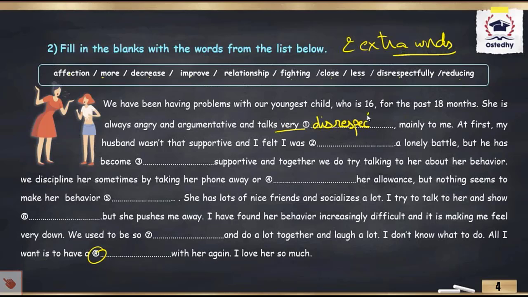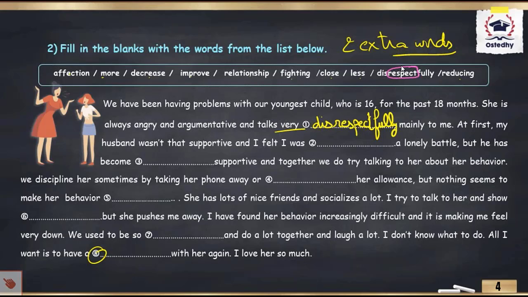What can you identify in this word? It's an adverb, from the word respect. We all know the meaning of respect. The noun is respect, respectful is the adjective, and disrespectful is the opposite.